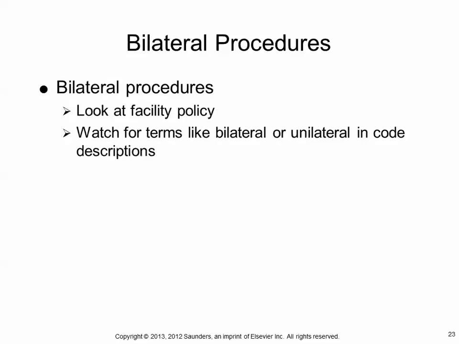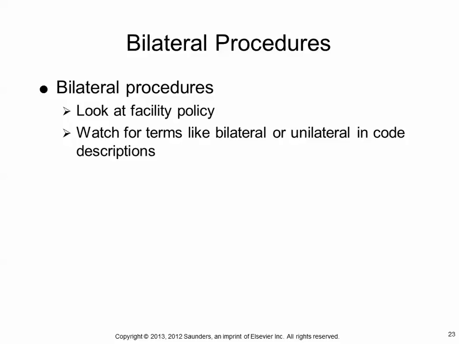Okay. Bilateral procedures. Bilateral procedures are just that. They're ones that take place on both sides or both hands or both legs. It's the exact same procedure on the exact same body part. All right. You'll need to look for things like bilateral or unilateral.